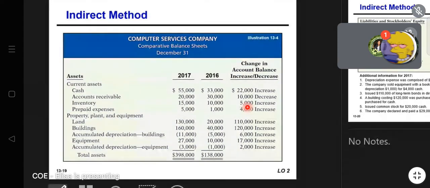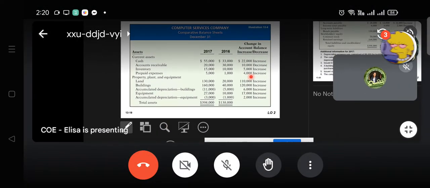After 1 year, in 2017, what is on nanay's list is only 20,000. So from 30 to 20, it decreased by 10,000. So my question now is, what's the impact of that 10,000 on nanay's cash? Will it increase or decrease?